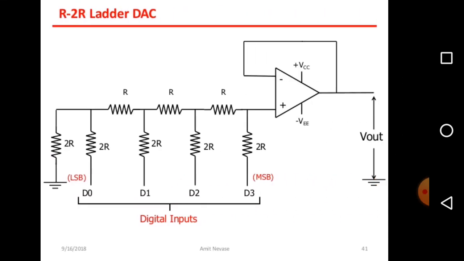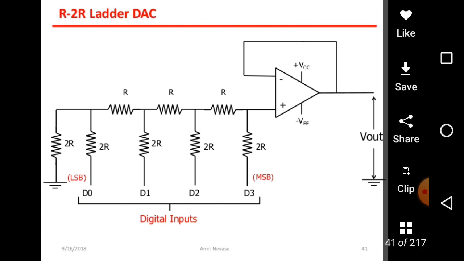Next is R2R ladder DAC. In this type of DAC, you can see only 2 types of registers are used, only R and 2R. In binary weighted, you can see R, 2R, 4R, 8R, 16R. In this case, that kind of precision registers are not used, only R value registers and 2R value registers are used.